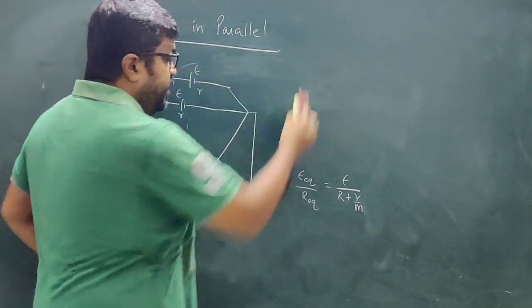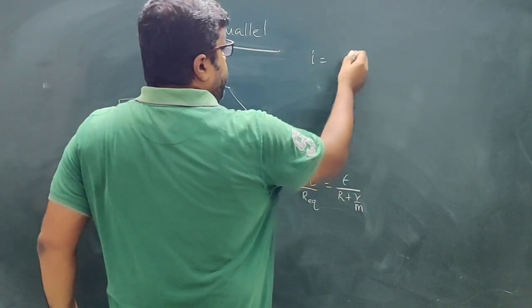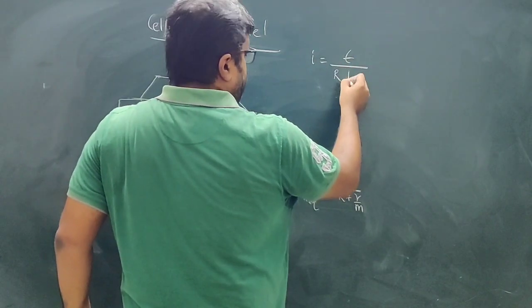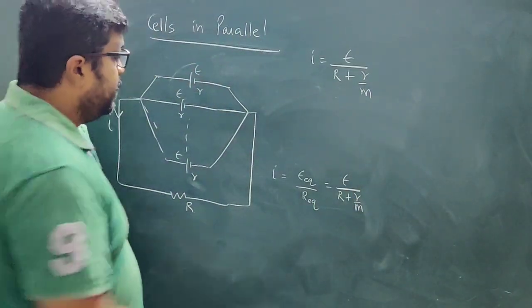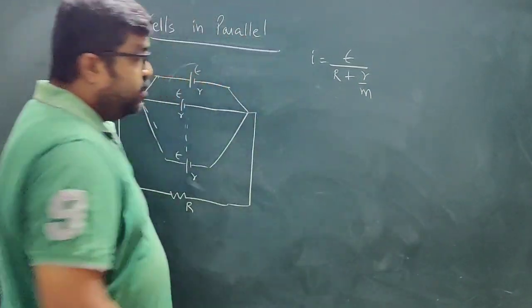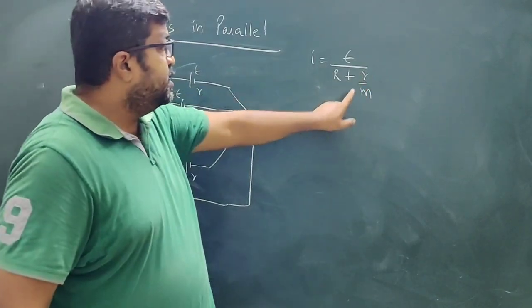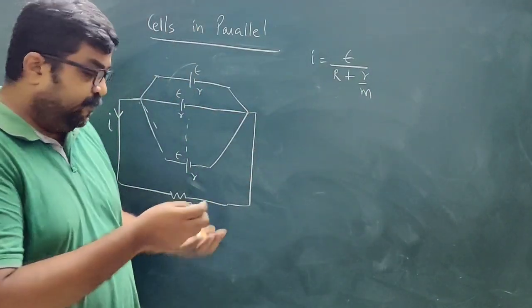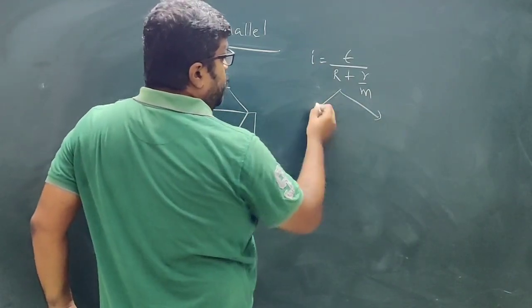Now we have the expression for current. Let me write this expression and again identify the condition for maximum current. This is the external resistance and this is the total internal resistance. Again there are two conditions.